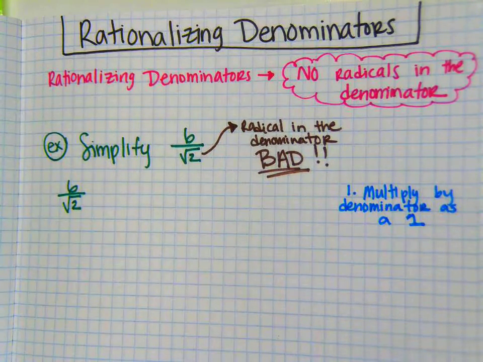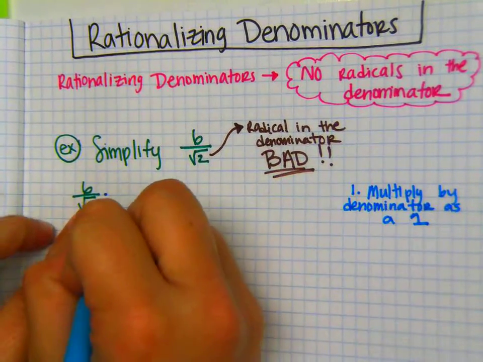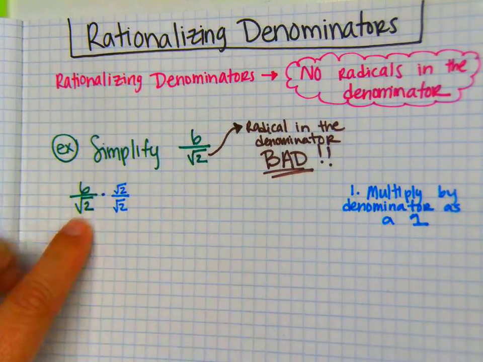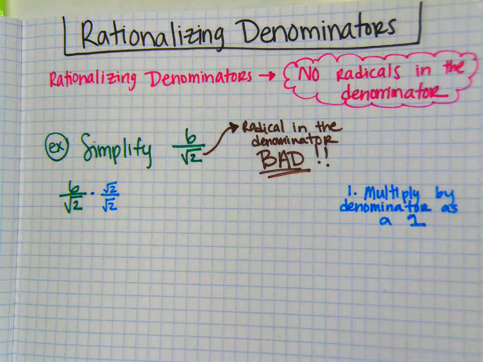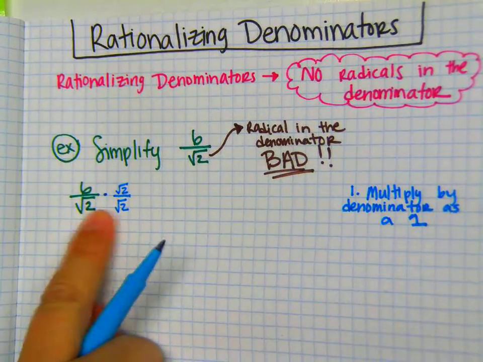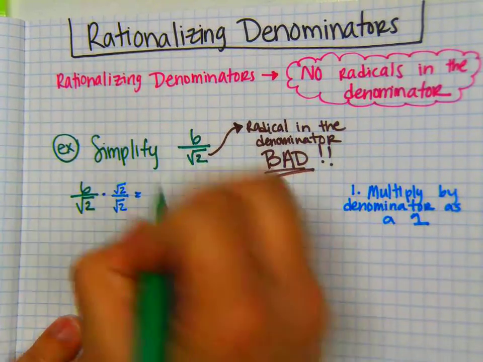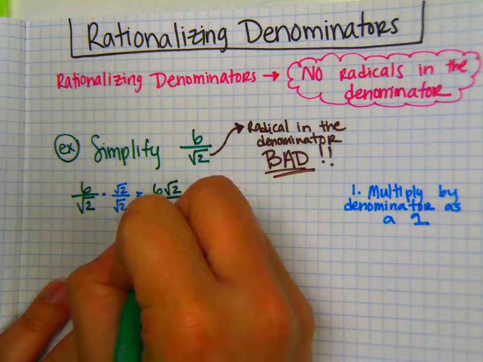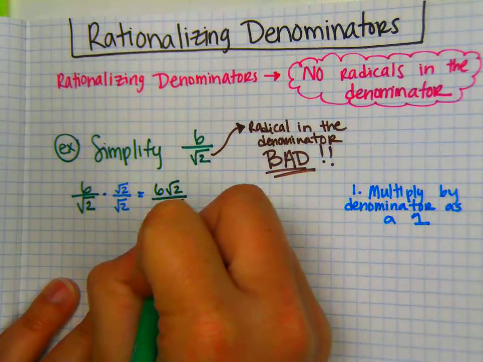We're going to use that same idea, but now we're going to be multiplying by the denominator. Well, that's root 2, but we're going to have root 2 over root 2 because that's a 1, right? Root 2 over root 2, if we divided that, would just be 1. So you multiply by the denominator, but like it's a 1. And that's going to give me 6 root 2 over root 2 times root 2.